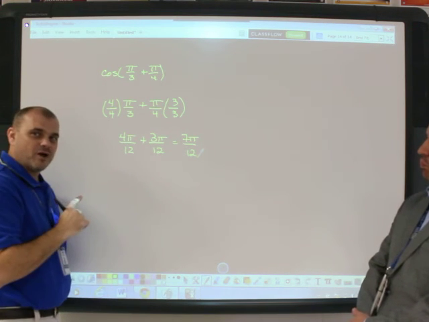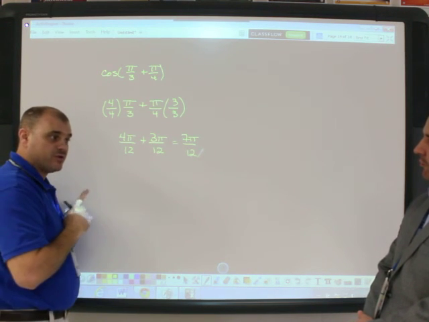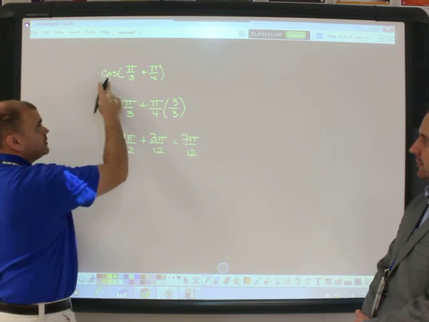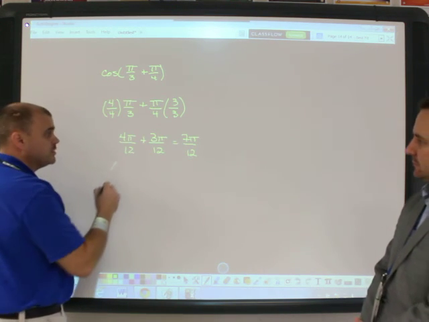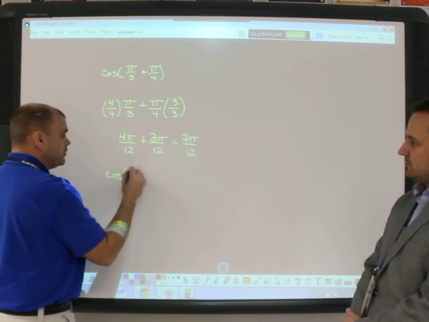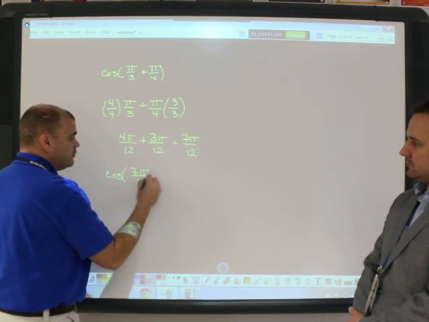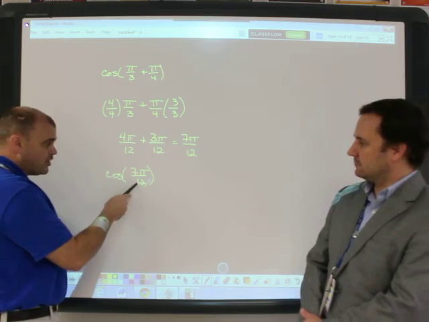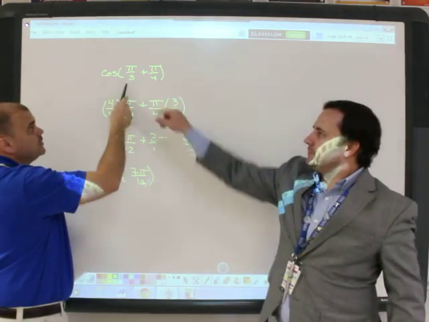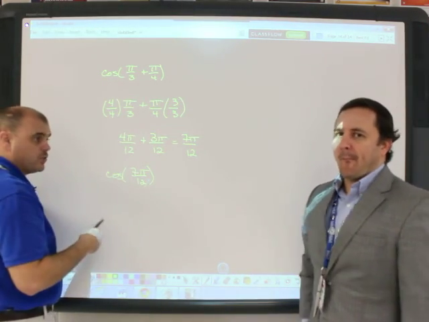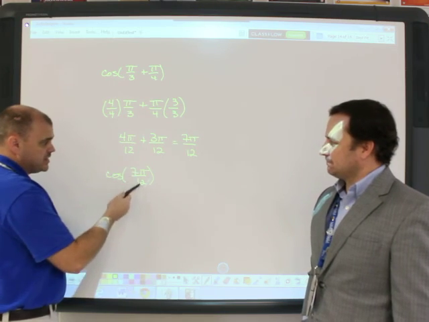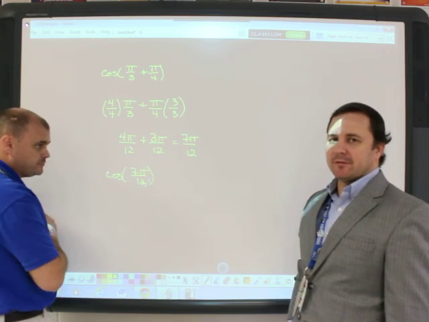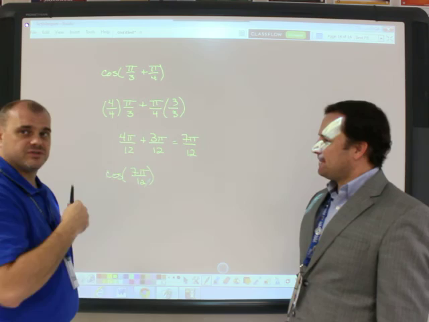So the way you're probably going to see this in your textbook or some other textbook is not the cosine of pi over 3 plus pi over 4, but it will be the cosine of 7 pi over 12. What you're going to eventually have to do is start here and know that it's these two angles or some other similar angles to get 7 pi over 12. The sum or difference of two common angles.